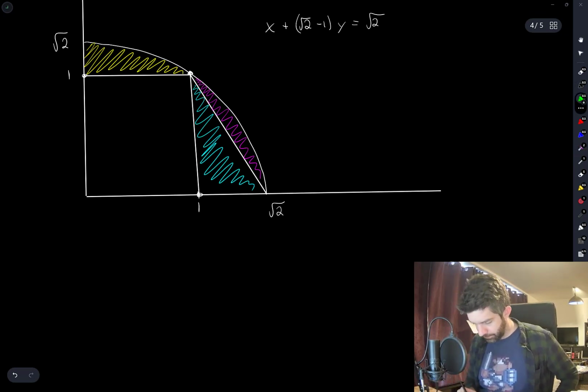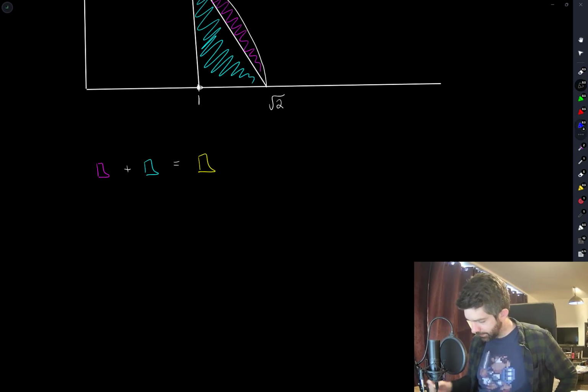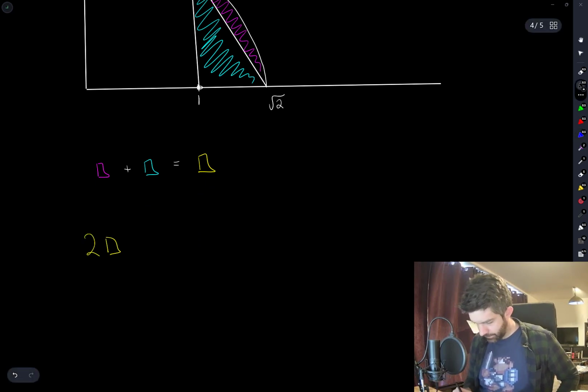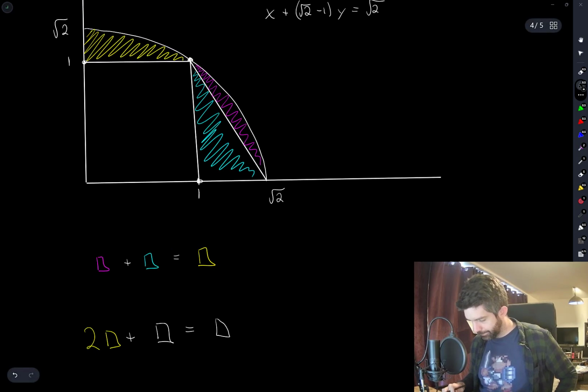So how do I want to write this? So that plus that is equal to that. And I also know that this plus the square is equal to the quarter circle.